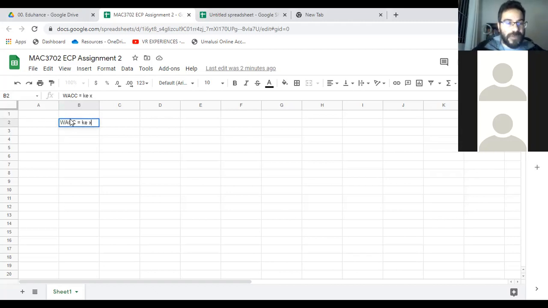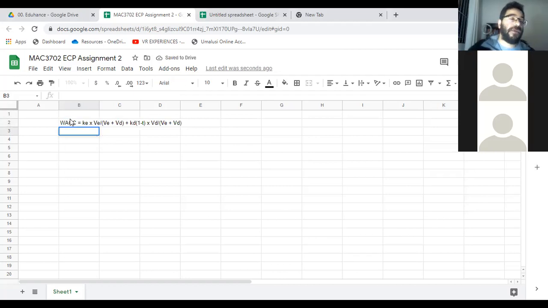Cost of equity multiplied by value of equity divided by value of equity plus value of debt, plus cost of debt after tax multiplied by value of debt divided by value of equity plus value of debt. So there's my formula written down.